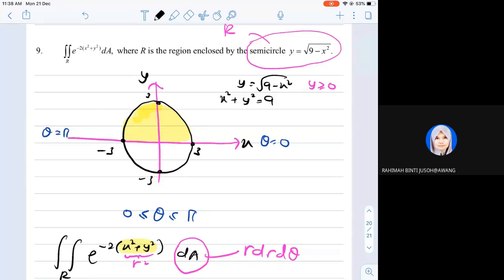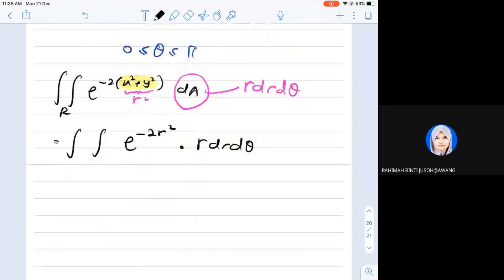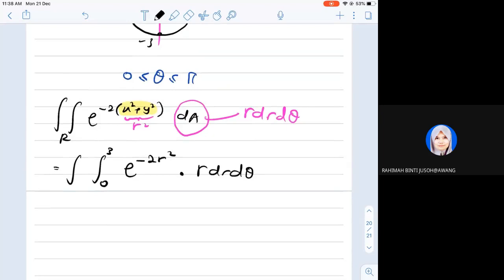Always bear in mind r start from 0. Okay, so radius is from 0 until 3. How about the angle? Tadi you order cari ni, 0 until pi. So we have 0 until pi.